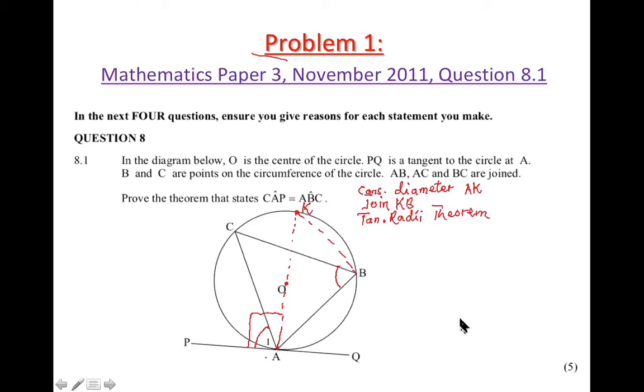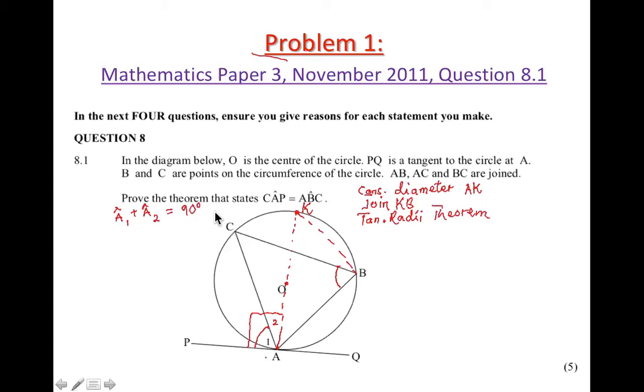All right. So if you want to make it simple, you can call this one A2. Okay. So what we are saying is that, permit me to write here, I have angle A1 plus angle A2 is equal to 90 degrees.